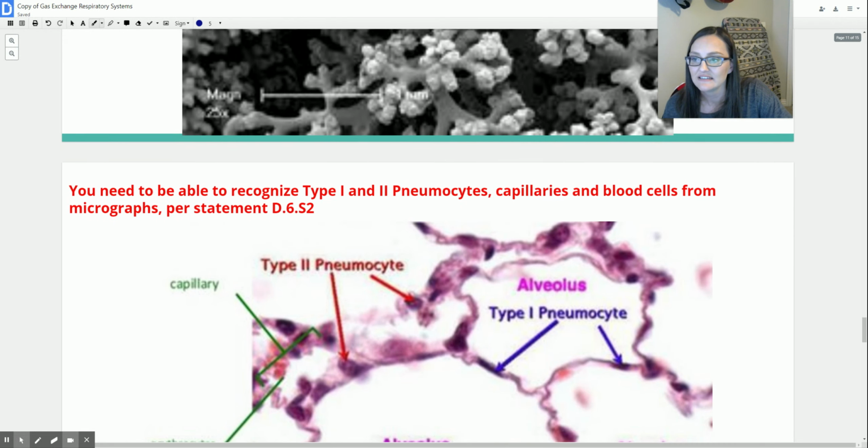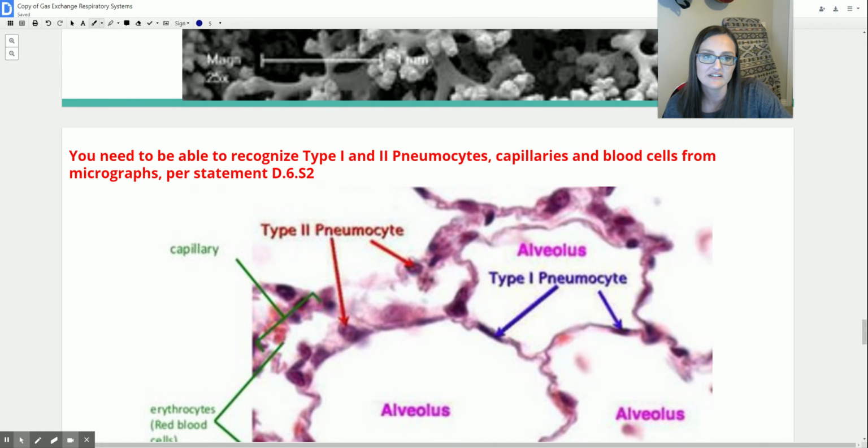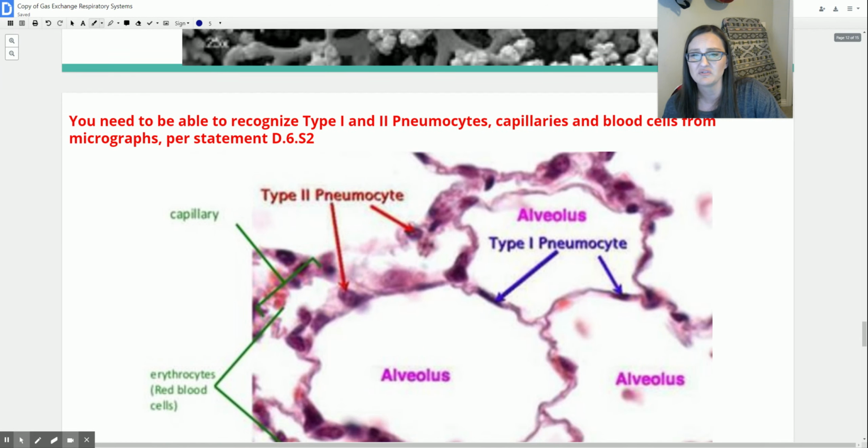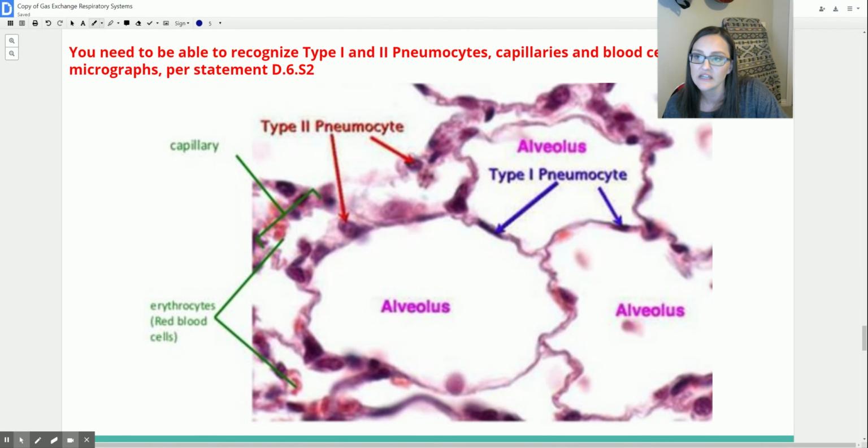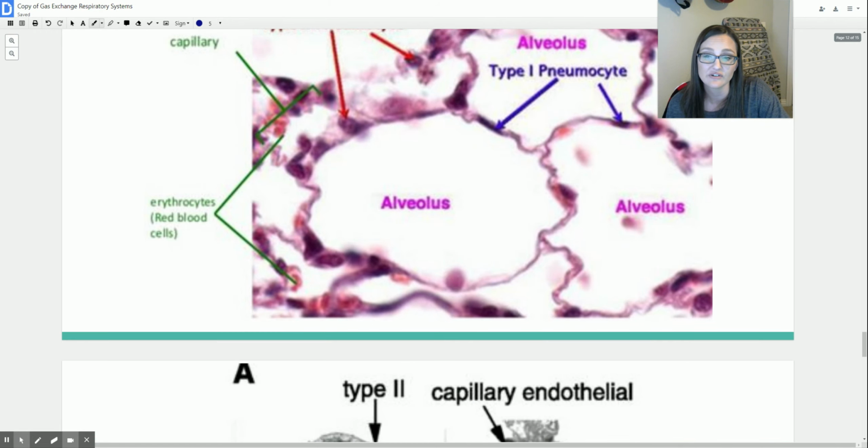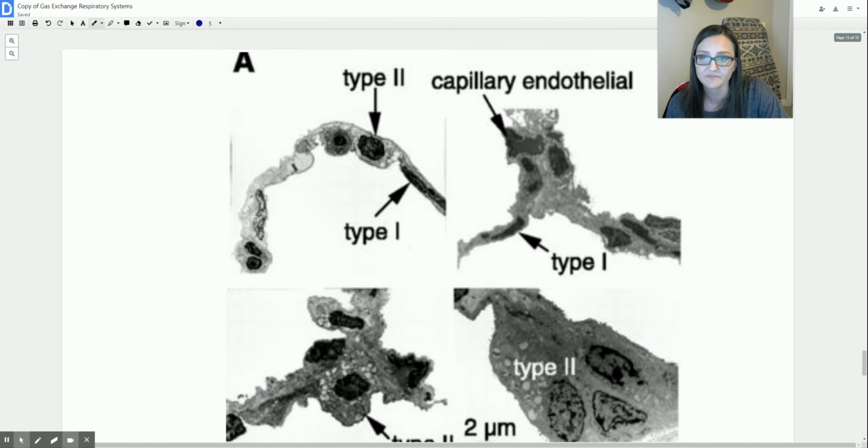It's part of your required material in the option for IB to be able to identify these in micrographs, so I thought we would try to do that. This colored image is rather difficult to use because cellular dye usually comes out pink or purple, and it makes stuff run together. So let's go to this black and white copy.